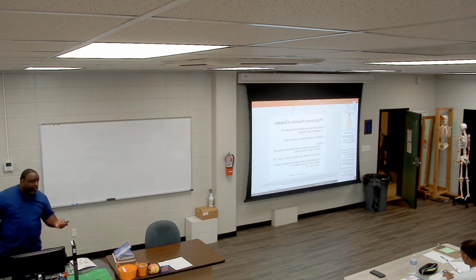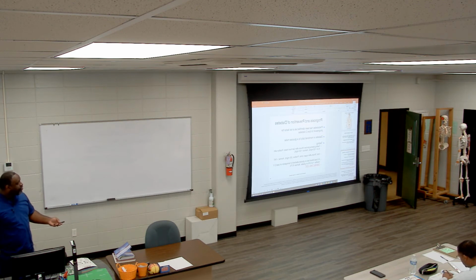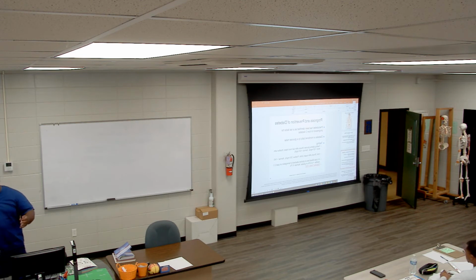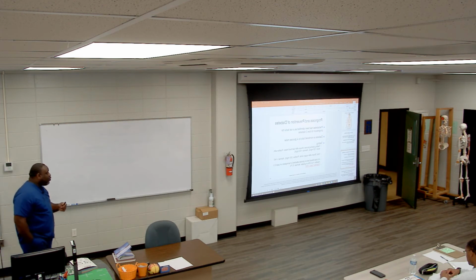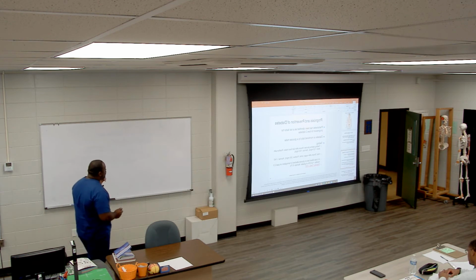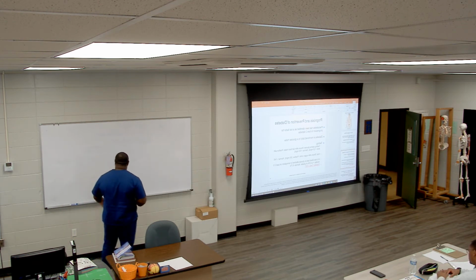If their glucose measures greater than 125 milligrams per deciliter, then they will have a positive diagnosis of diabetes. Anything over 100 gives you a diagnosis of prediabetes. So 100 to 124, prediabetes. 125 or over, actual diabetes.